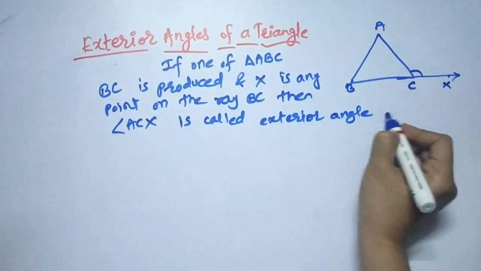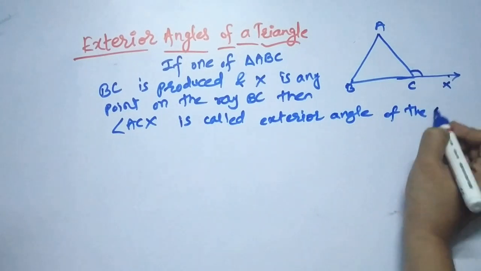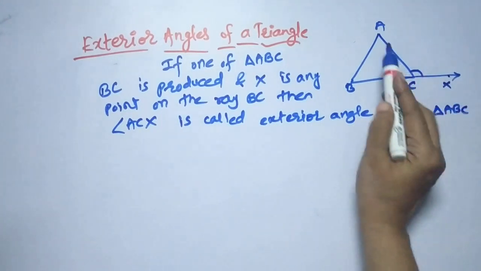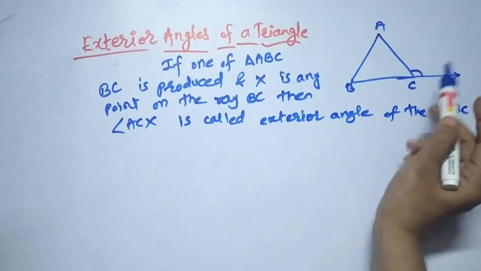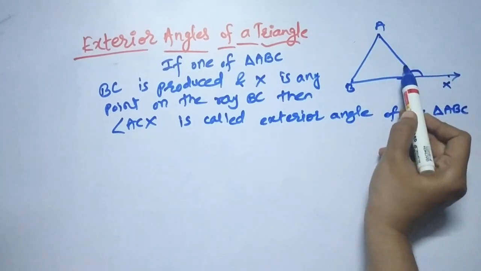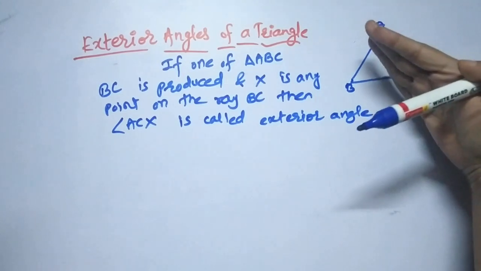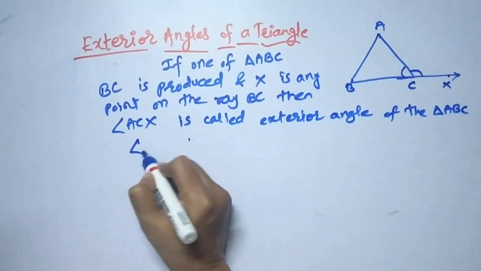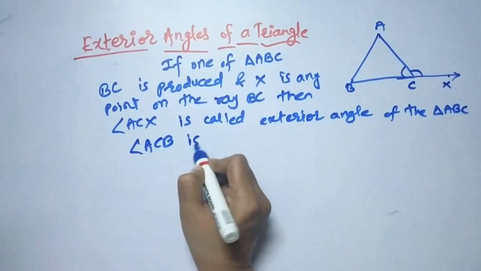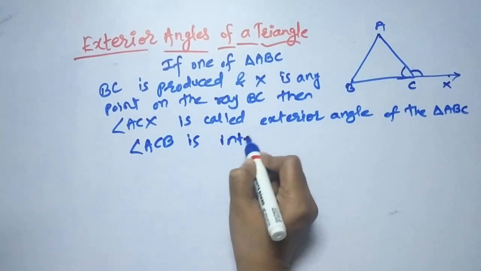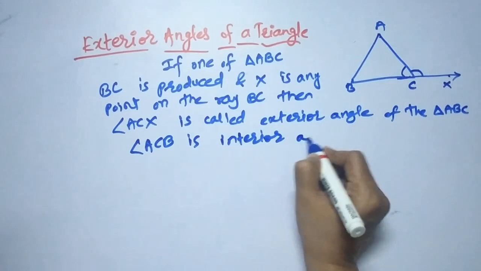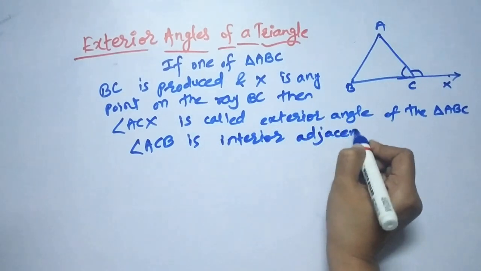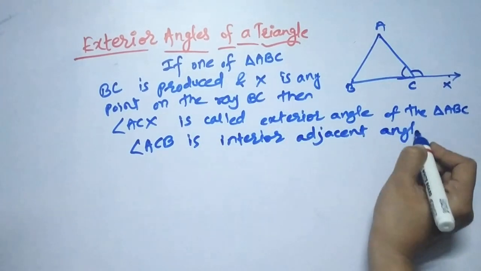of the triangle ABC. See friends, this ACX which is formed is called the exterior angle, and the angle which is adjacent to it inside, this ACB, is its adjacent angle. So we call it interior adjacent. Interior means it is inside the triangle. That's why it is the interior adjacent angle of it.